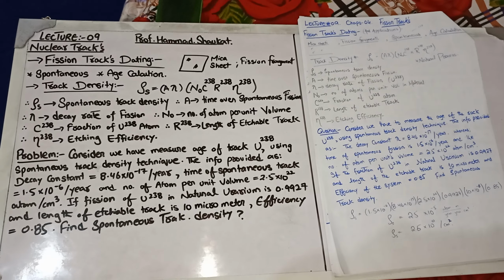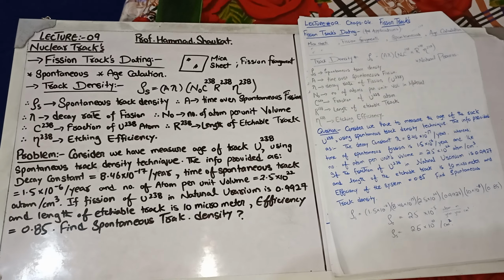The information provided is the decay constant lambda, which is 8.46 into 10 raised to the minus 17 per year. These are the parameters initially given in our problem.